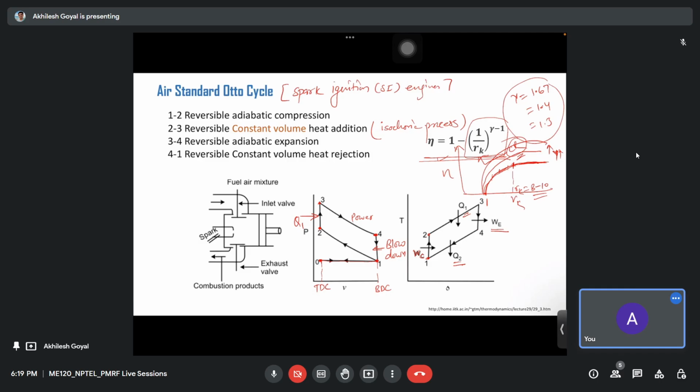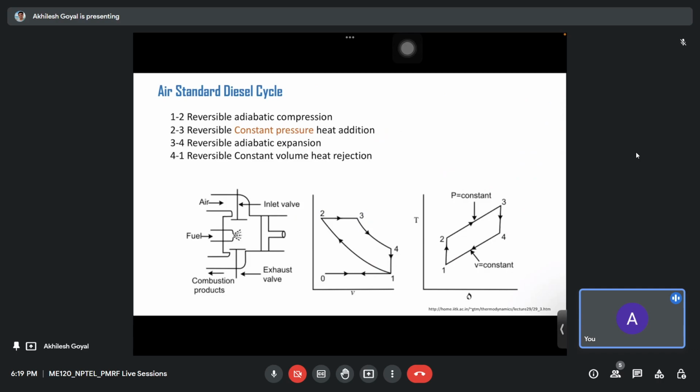Now for diesel engines or compression ignition engines, they work on a different cycle, and that cycle is the diesel cycle. The difference between the Otto cycle and the diesel cycle is, in the Otto cycle we have two reversible adiabatic processes and two reversible constant volume processes, but here we have two adiabatic processes, one constant pressure and one constant volume process.